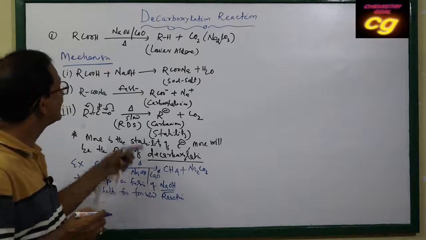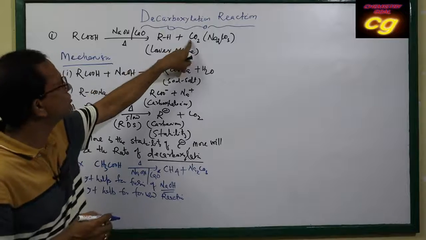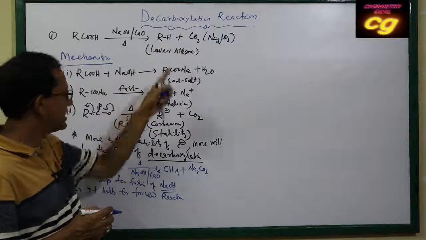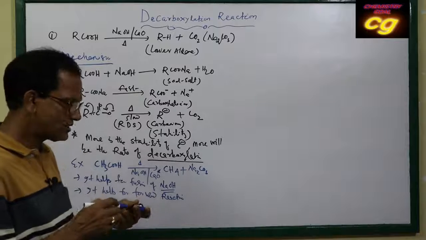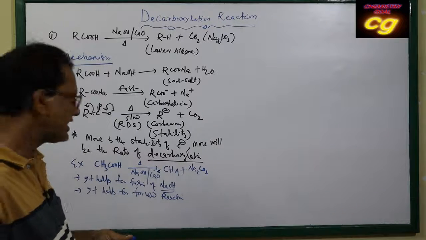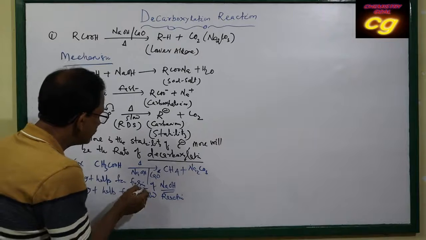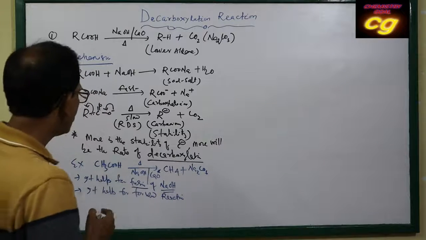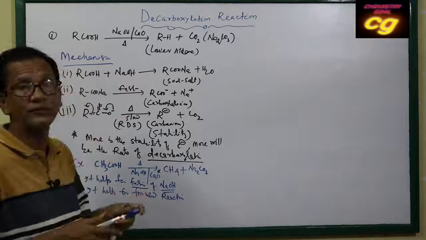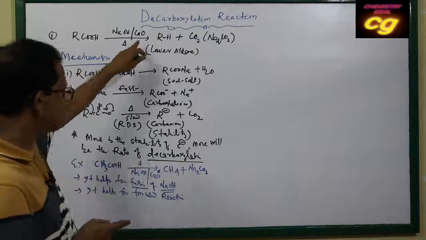The carbon dioxide produced reacts with calcium oxide, so the reaction goes in the forward direction, and faster. Sodium hydroxide is taken in pellet form, and calcium oxide also helps in the fusion.